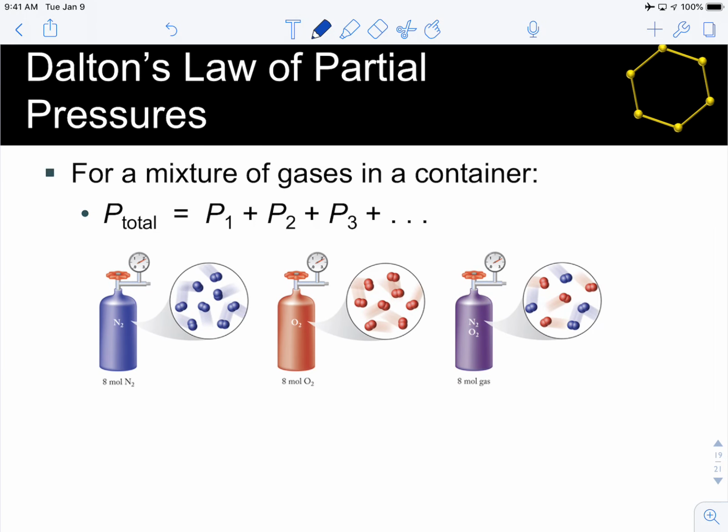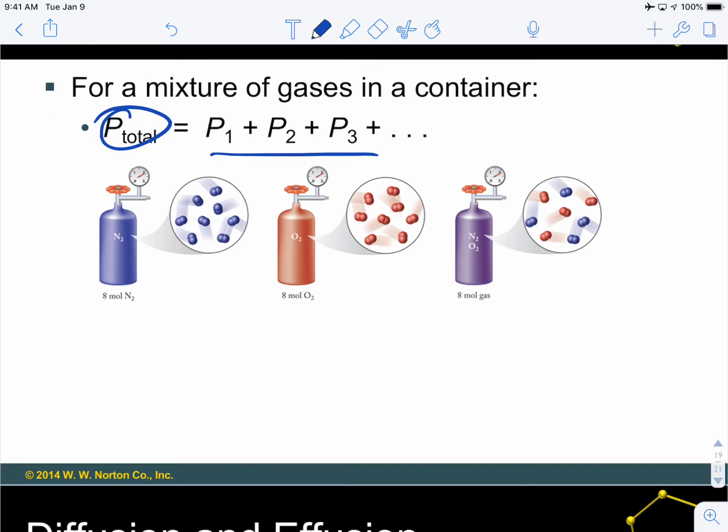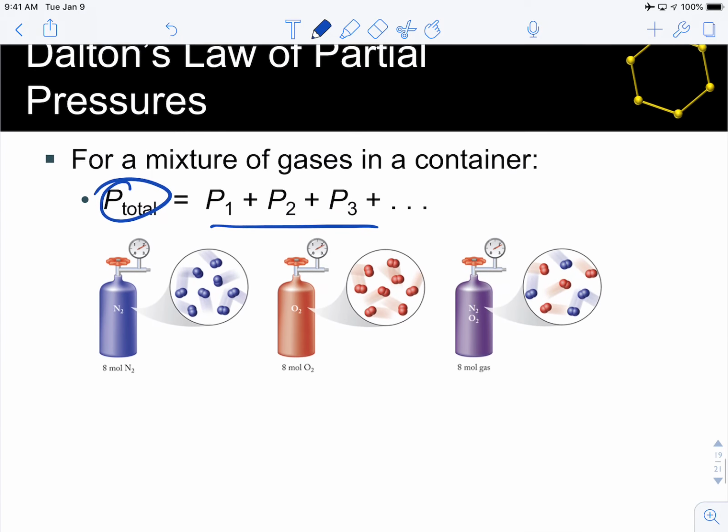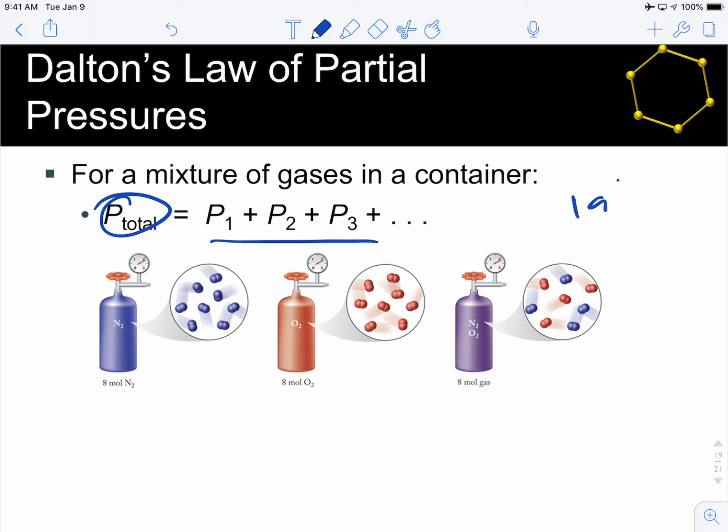Dalton's law of partial pressure is fairly simple, and this is one that cannot be derived from the ideal gas equation. The simplest way I like to say it is the total pressure is simply the sum of the individual pressures. Ultimately what you can say is that if you have atmospheric pressure as 1 atmosphere at sea level, and the atmosphere is 78% nitrogen and 21% oxygen, we can define a fraction of that.